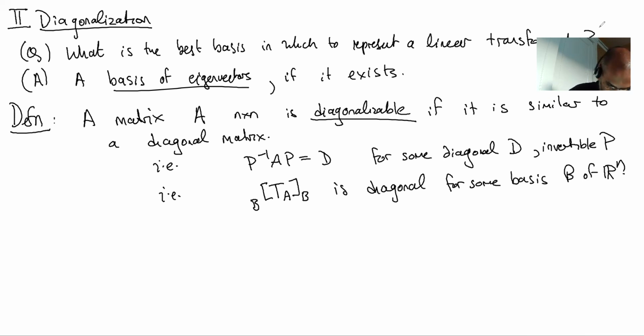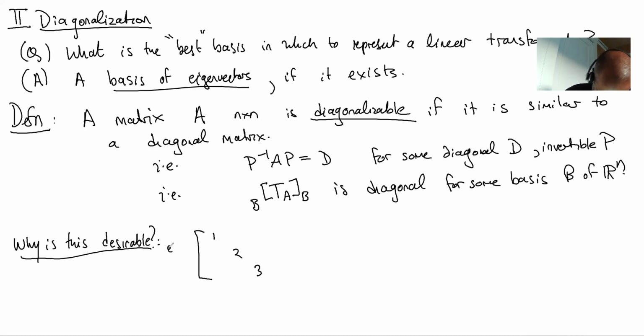Now, why is this good? Why is this the best basis? Well, it's desirable because if you have a diagonal matrix, let's say this matrix, and you multiply it by a vector, you don't need to know linear algebra at all to know what it does.